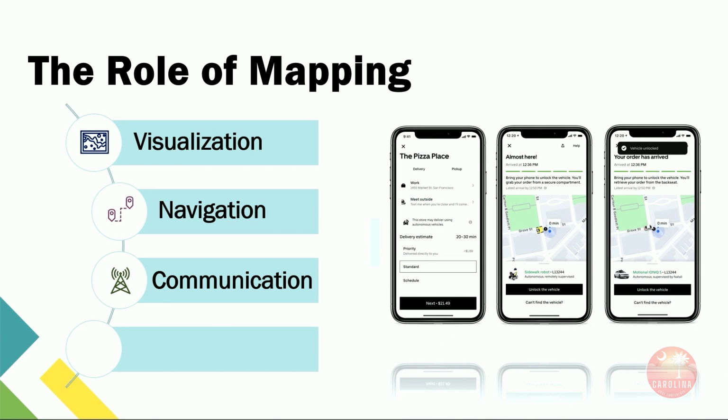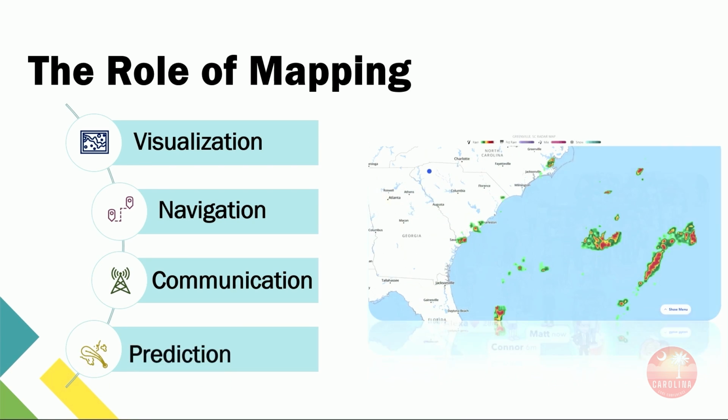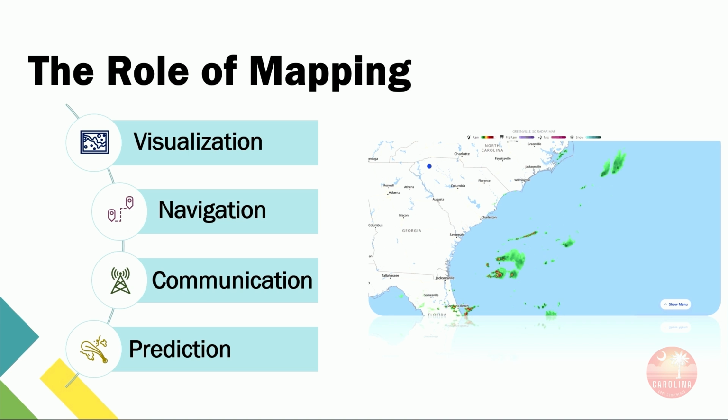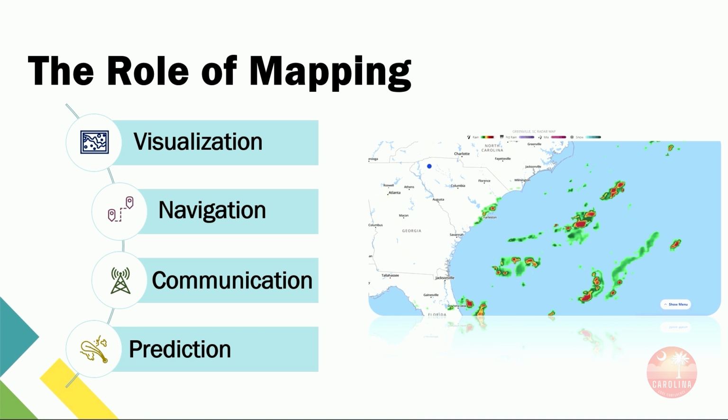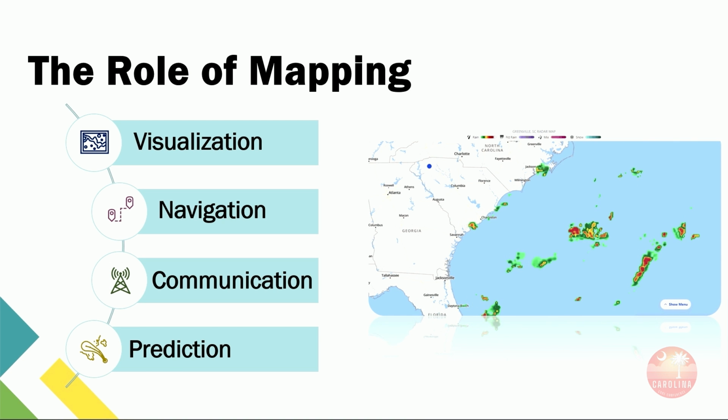So maps and apps like Uber Eats and Snapchat can enable real-time location tracking and then follow people around. All right. And finally, another good role for mapping is prediction. So maps can forecast the future, whether predicting storm paths or traffic. Yeah, so they will help us prepare.